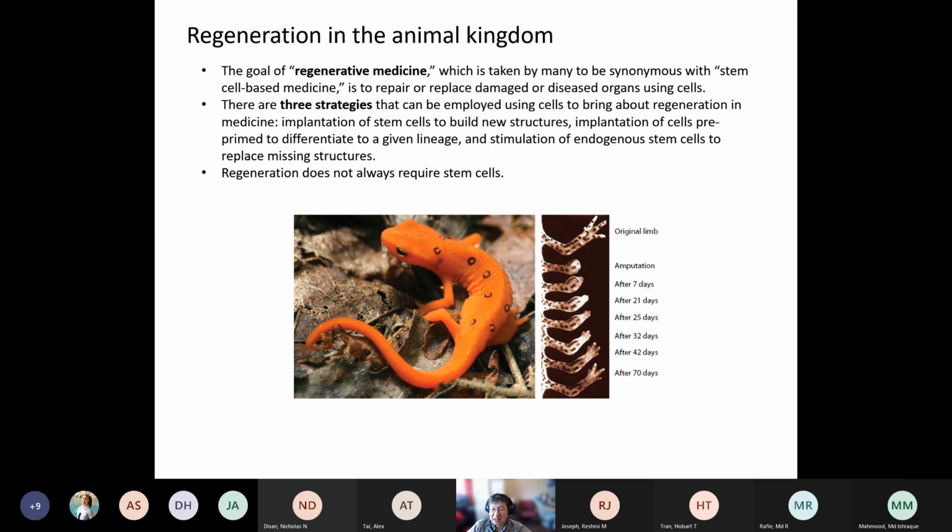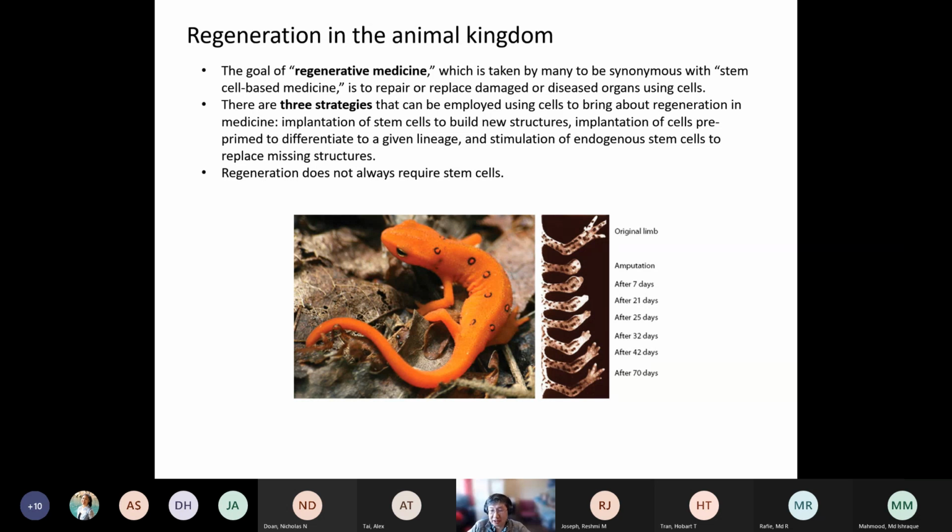And next, you can lure the cells toward a certain fate, and then inject those cells for certain disease settings. The reason is because stem cells have different levels of potency.